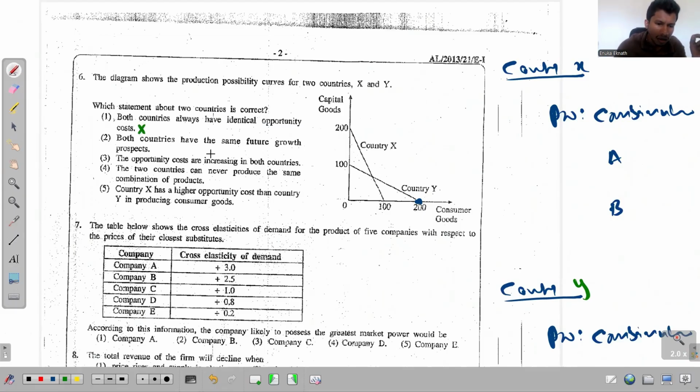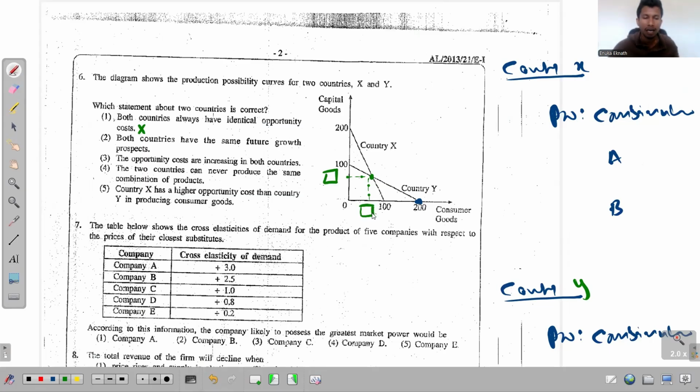Second one, both countries have the same future growth prospect. See, it may or may not be true, right? The reason, if both these countries are producing at this point here, they are producing the same amount of capital goods and the same amount of consumer goods.